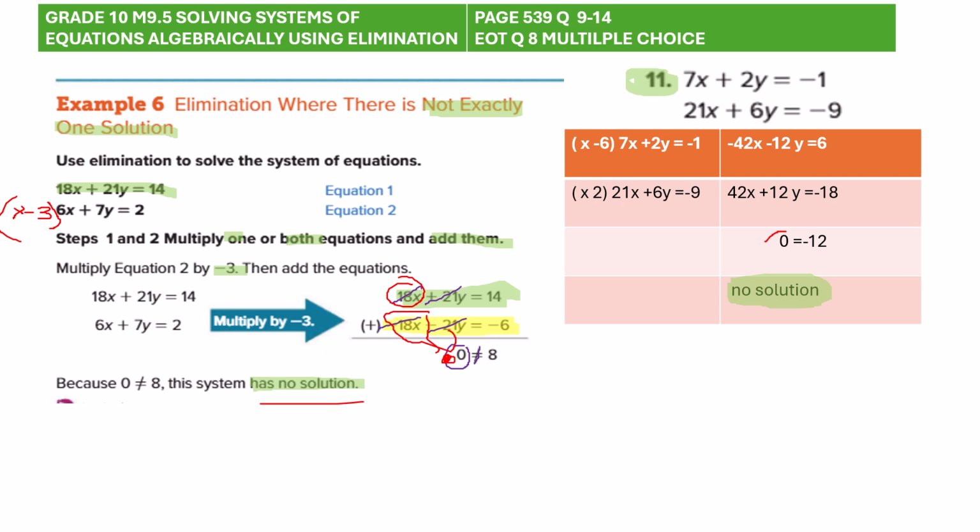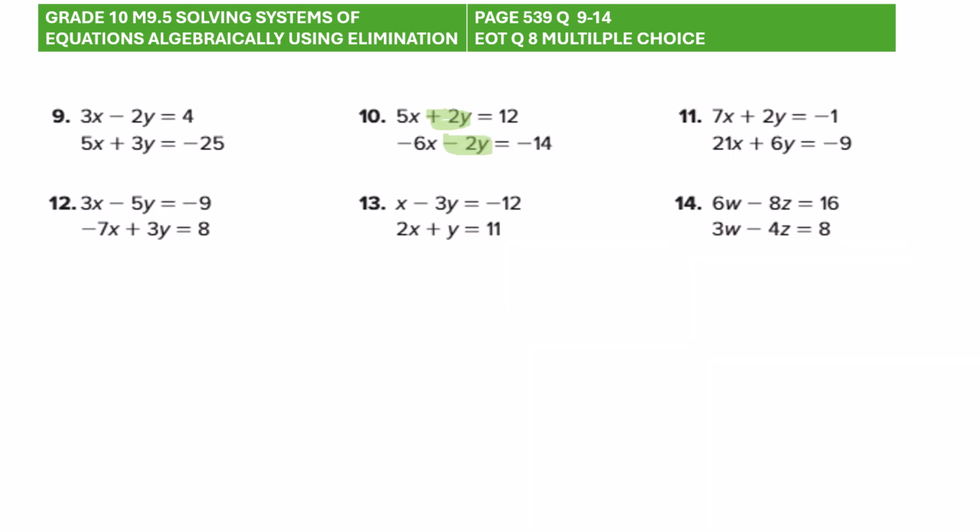Therefore, we have 0 is equal to negative 12, and we know that this is not possible. 0 cannot be equal to negative 12. Therefore, this system also has no solution. So moving ahead, positive 2y and negative 2y we know will cancel very easily.